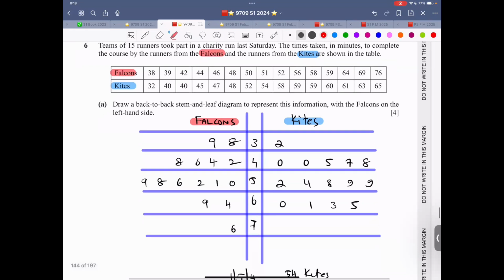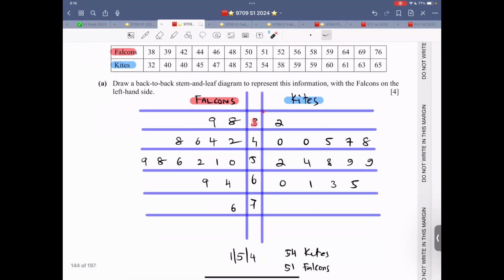So now, first of all, make sure the data is arranged in ascending order. 38, 39, 42, 44, 46. Yes, they have already done the good part for us. The same goes for Kites. So now choose a simple scale. There is a row of 3, a row of 4, a row of 5, a row of 6, a row of 7.